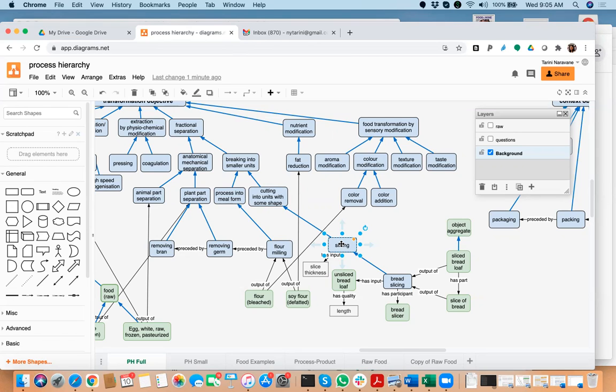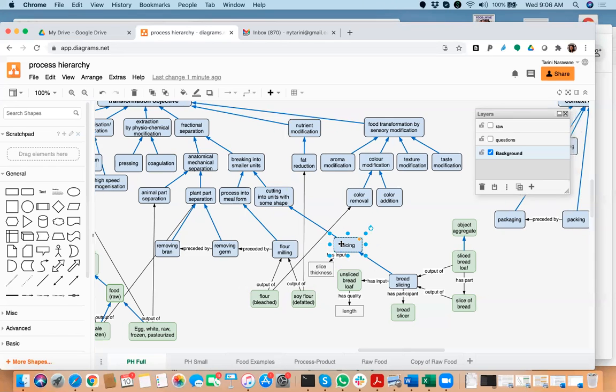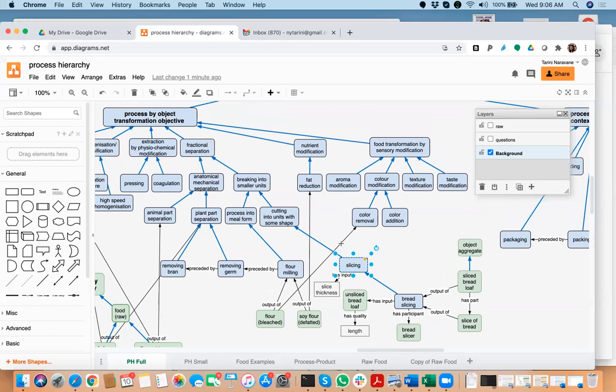Yeah, so all of those processes that do something are equally valid under the process by mechanism branch, but they are showing up here multi-homed. And maybe this is a prime example of how this process by objective branch could actually be inferred.